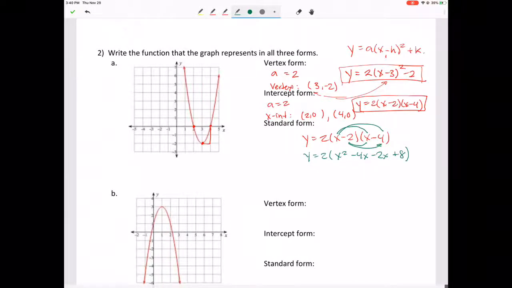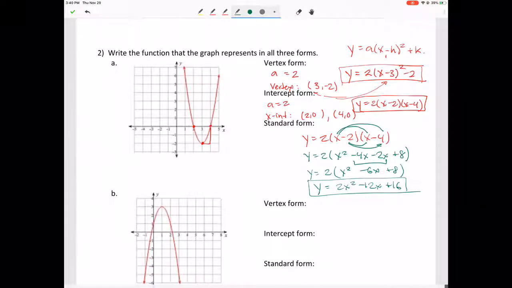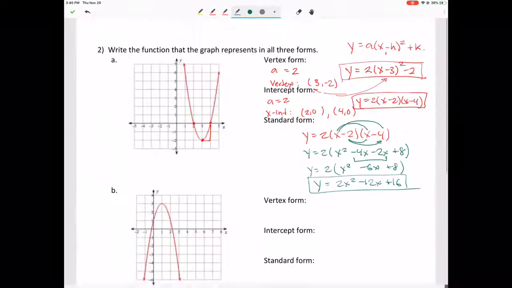Okay? And then we distribute, or we combine like terms. That gives negative 6x plus 8, x squared, 2, and then we distribute that too. Okay, and that is the answer. Like I said, you could do it the other way if you'd like.